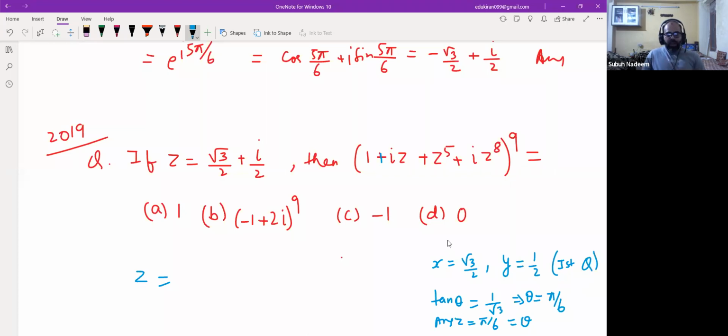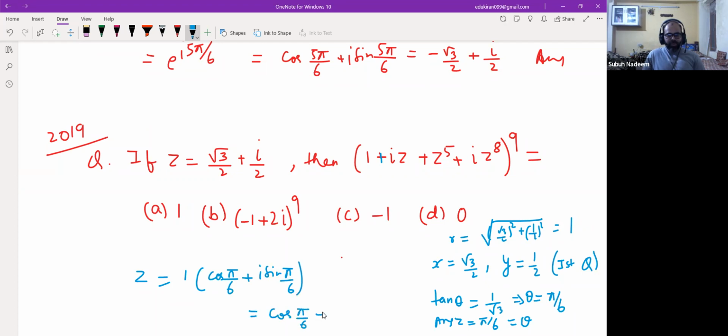And what is r? r is root over x square plus y square, so root 3 by 2 whole square plus 1 by 2 whole square. So it will be 1. So you will write this as r cos pi by 6 plus i sin pi by 6, so simply cos pi by 6 plus i sin pi by 6.